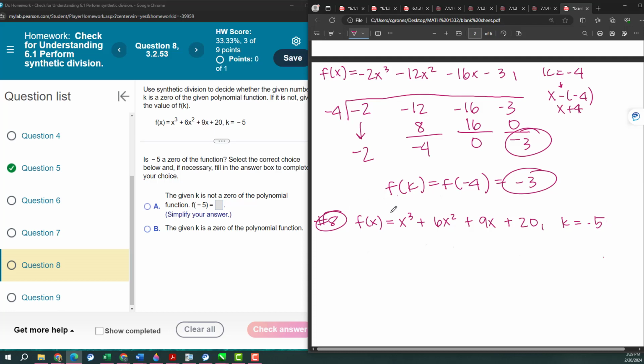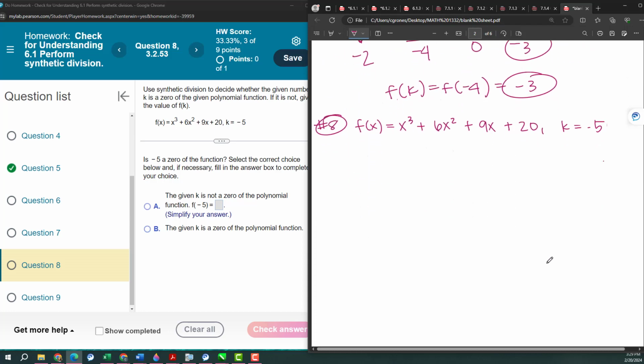So basically, we need our remainder to be 0 to decide if negative 5 is a 0 of the function. So we're going to do synthetic division. I've got 1 for x cubed, I've got 6 for x squared, 9x, and then 20. And then they give us that k equals negative 5. So bring our 1 down. 1 times negative 5 is negative 5. 6 minus 5 is 1.